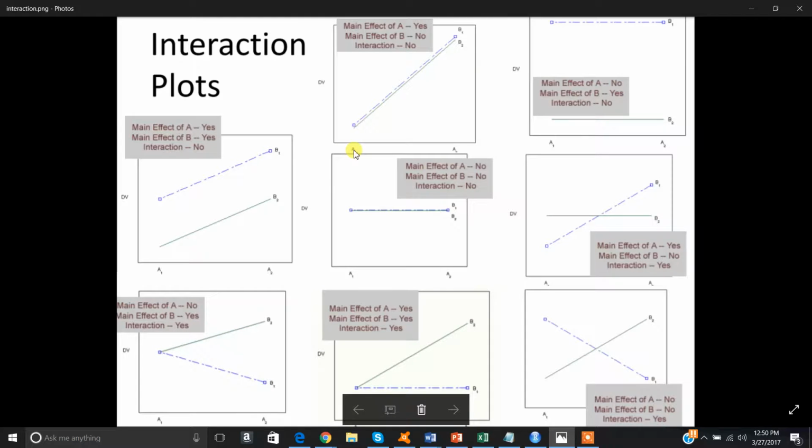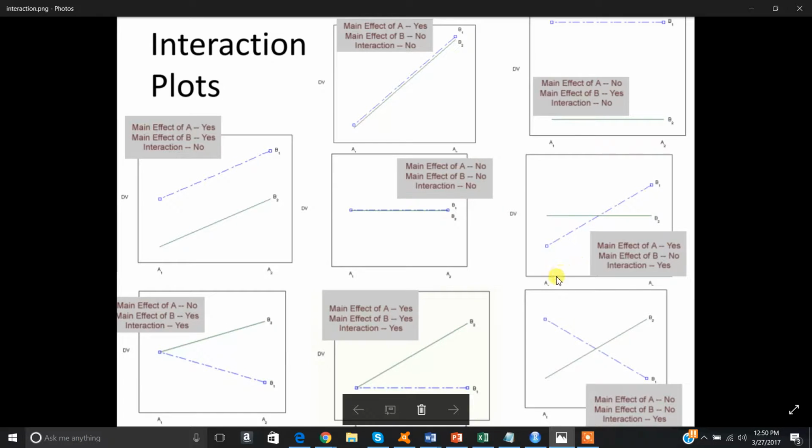But when you look at the means, for A1 your mean is here, and for A2 your mean is right up here. Because you have a change in the means for A, that means there's an effect of A. Let's look at another one. Here we see, obviously, the lines are crossed. There's no disputing that. Because they're crossed, that means there is an interaction.